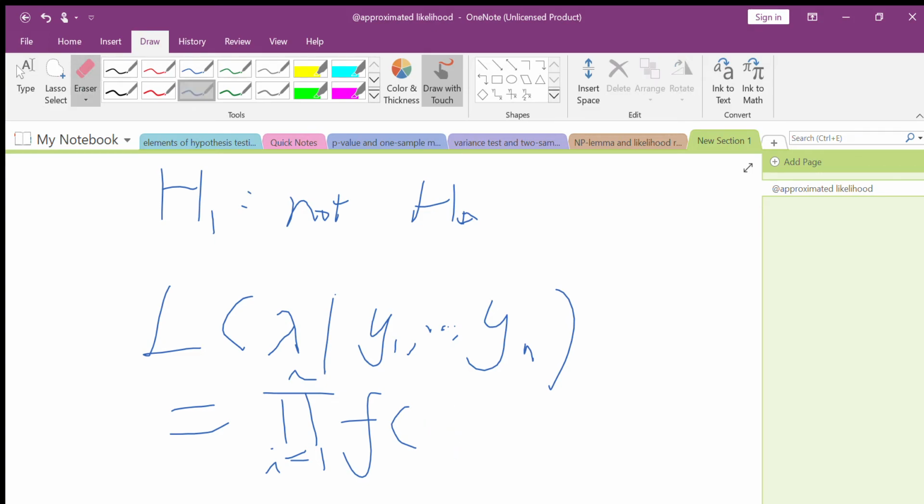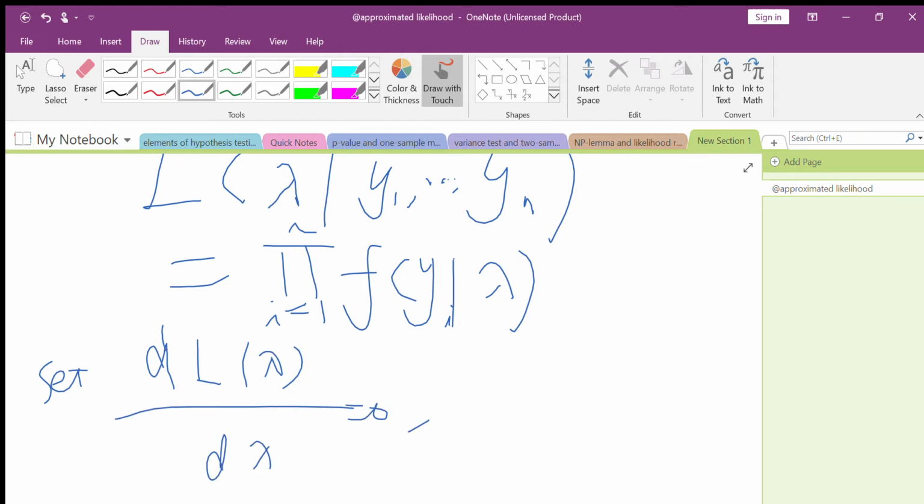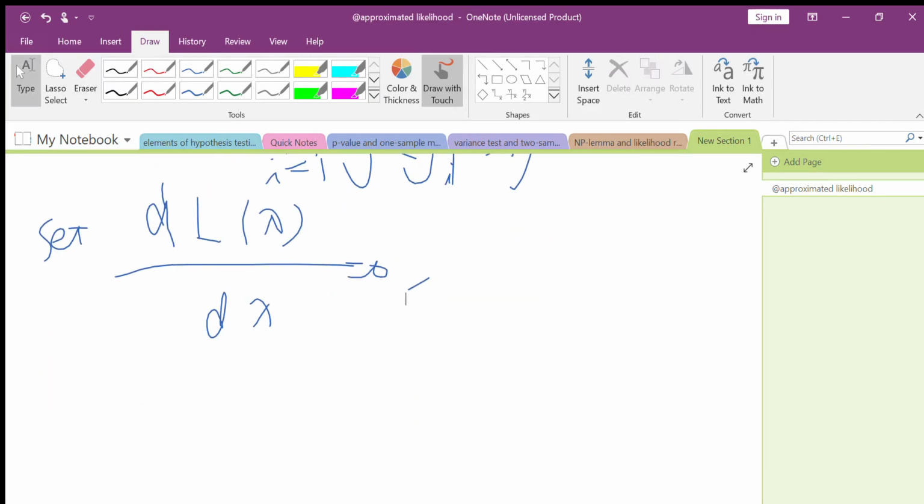Small f is the PDF of the Poisson distribution given lambda, and you know how to write the PDF of Poisson. Then you take the derivative, set the derivative d lambda equal to 0, and you find that lambda hat MLE is small y bar.